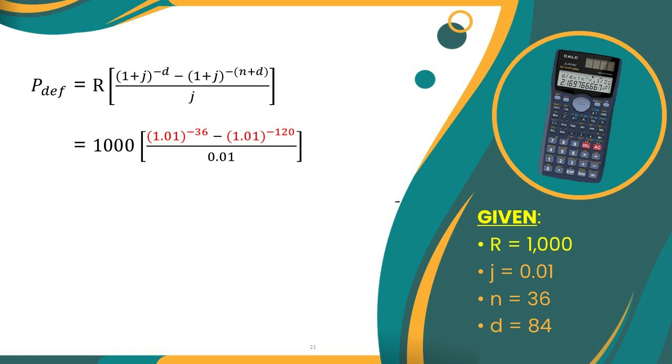Note, we already added 1 and 0.01 to obtain 1.01 in the base. We have also added 84 and 36 to obtain 120 in the exponent. So, the first operation we are going to perform is finding the power of 1.01 raised to negative 36 and negative 120.